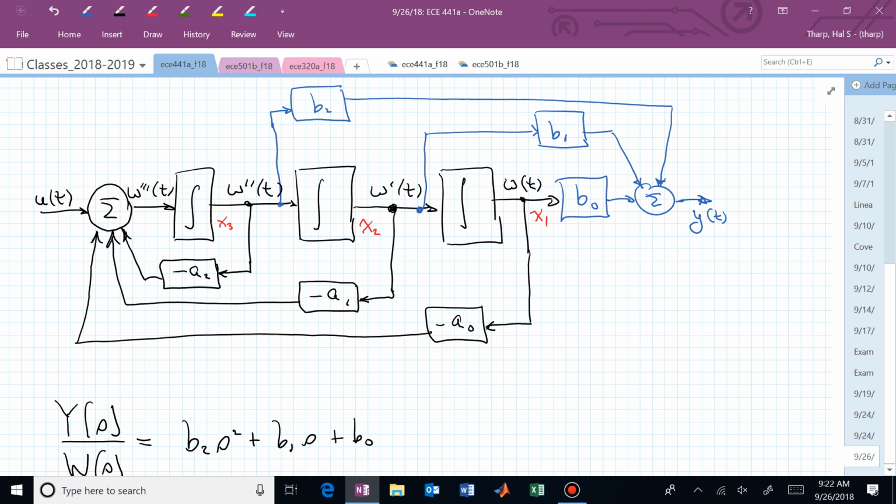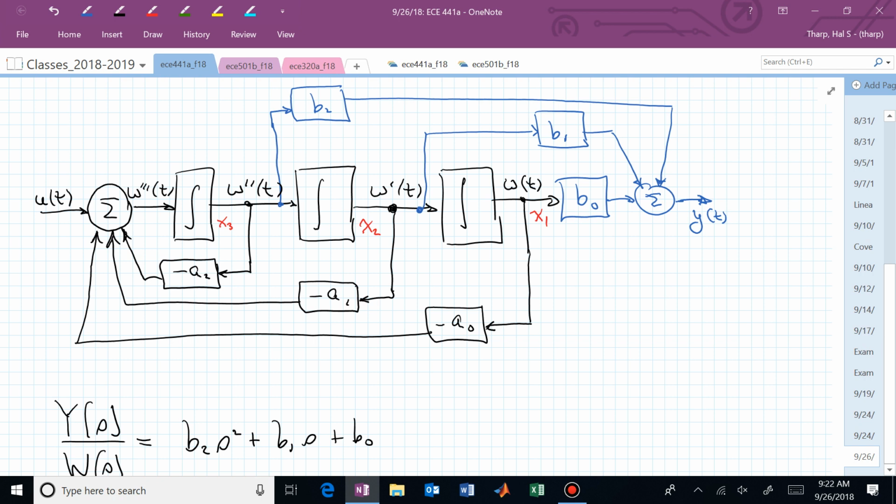So if we fed forward W triple prime, that's equivalent to just feeding forward a combination of the input U and all of the other W's, W double prime, W prime, and W, because those four variables make up W triple prime. Does that make any sense? I have a lot of W's here. Not withdrawals, but W's in a block diagram.